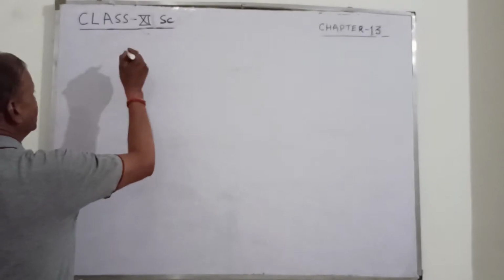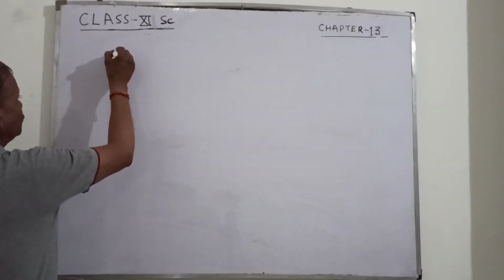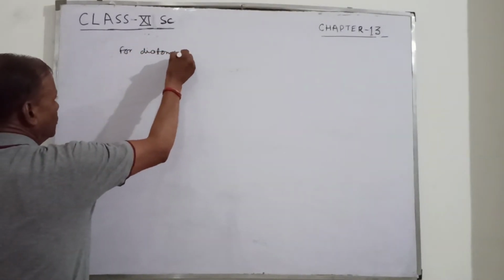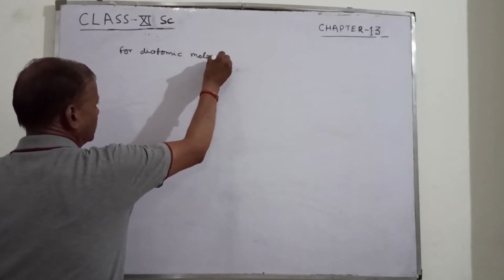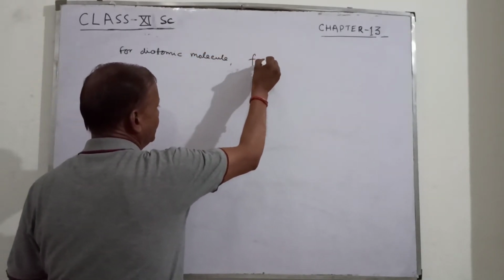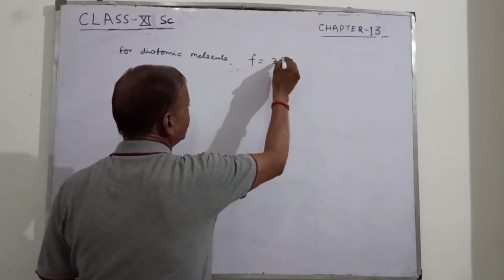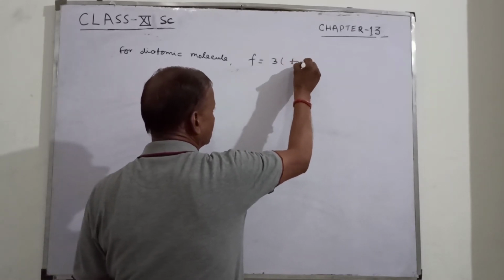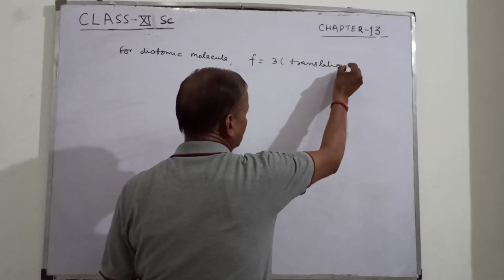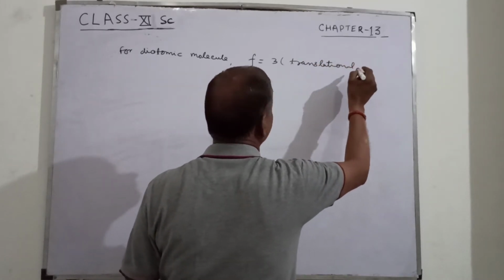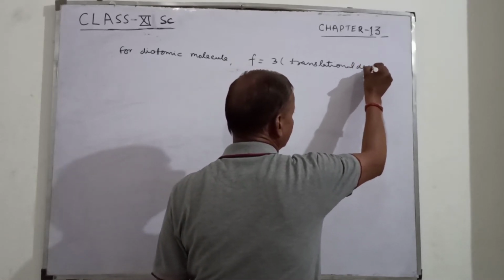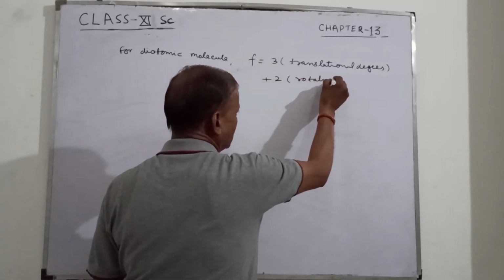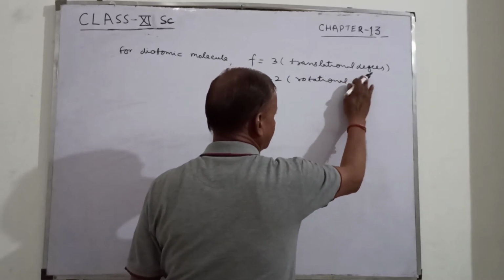Diatomic gas or diatomic molecule. For a diatomic molecule, F equal to 3 translational degrees plus 2 rotational degrees.